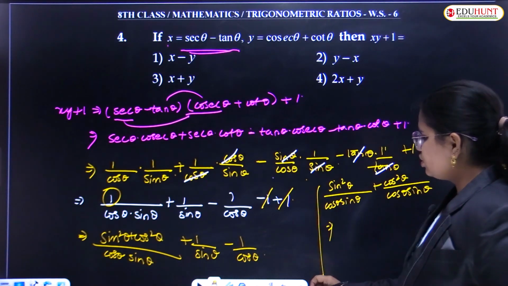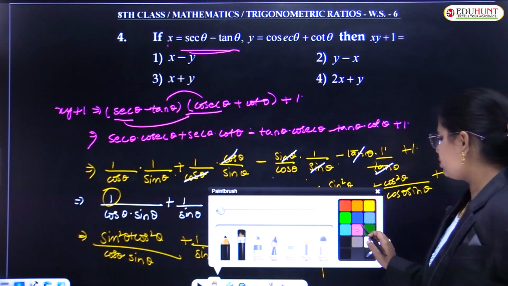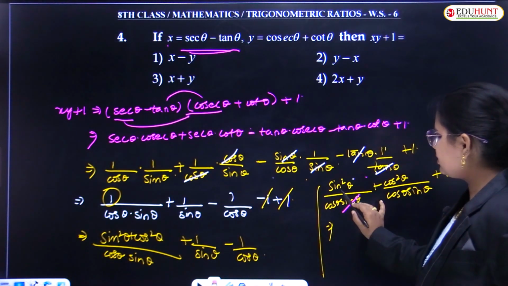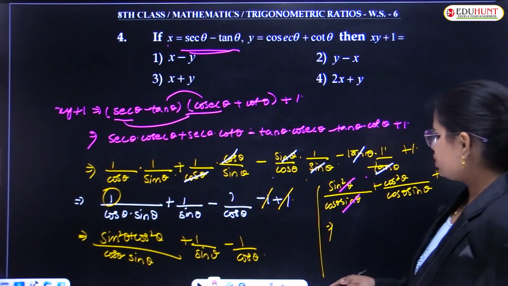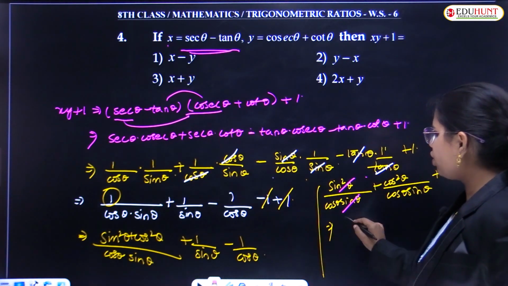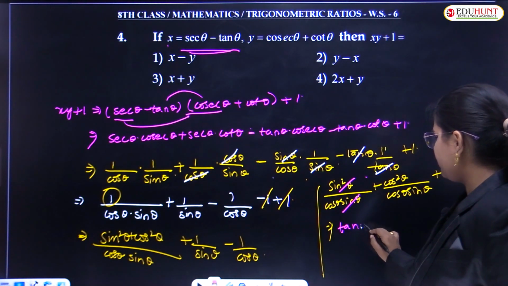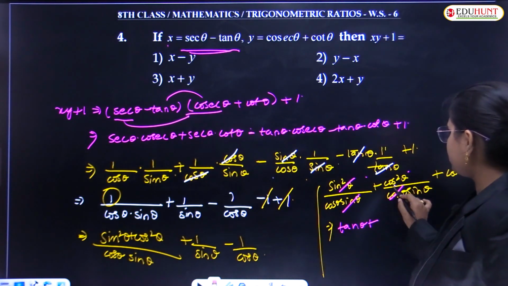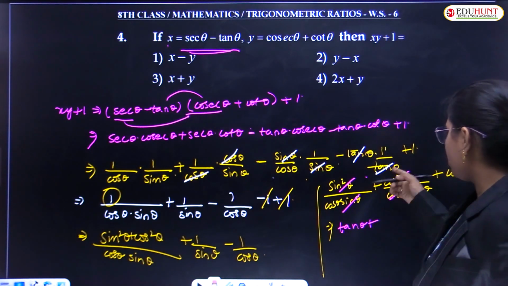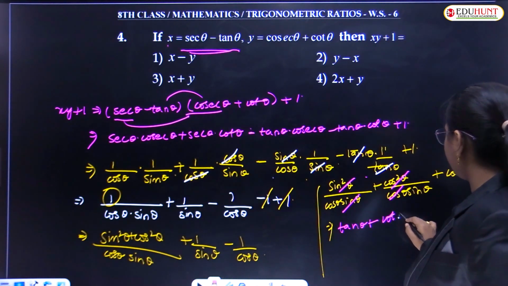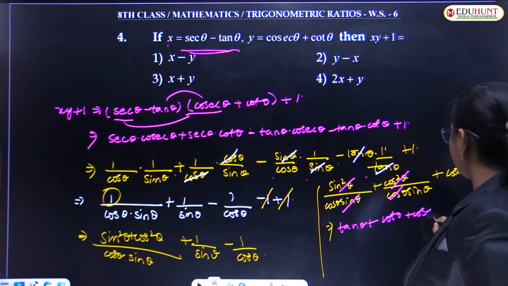Clear with this? Sin theta will become cancelled, so you will be left over with sin by cos, which is tan theta, plus cos theta also will become cancelled. Cos by sin is cot theta. This is plus cosecant theta minus secant theta.